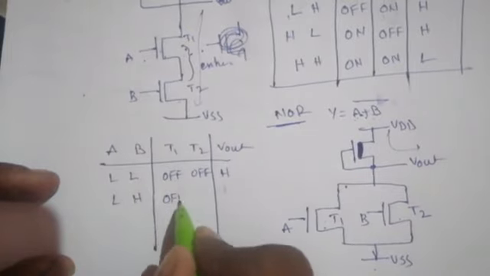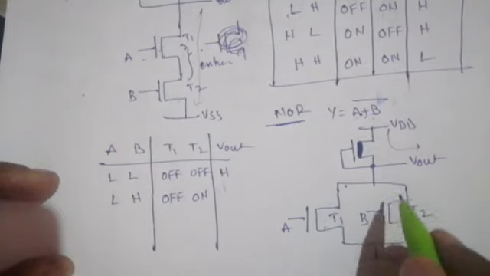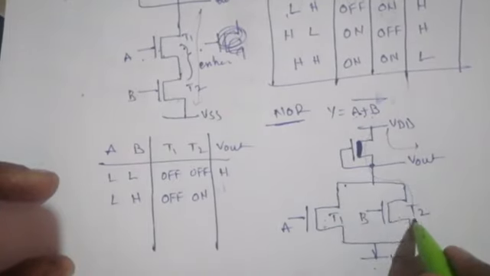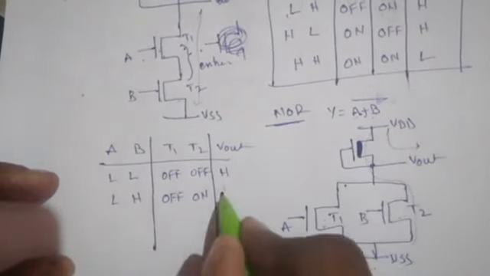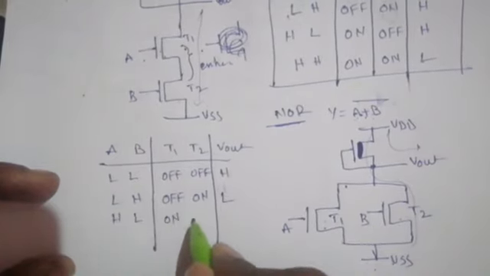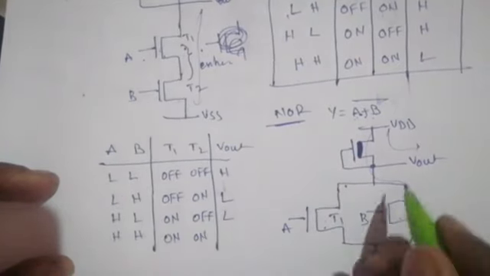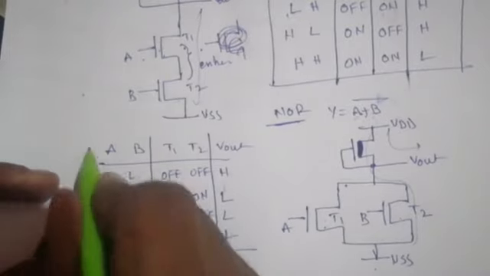Low voltage means the corresponding transistor is off, high means it is on. When one transistor is on, the output voltage passes through the short circuit terminal to ground, so the output voltage is low. High, low: this is on, this one is off, the output voltage is low. Both are high: both transistors are on, both are short circuited, and the output voltage will be low.